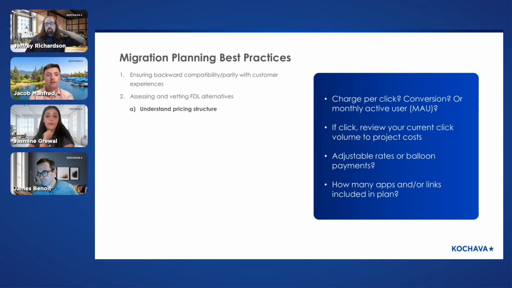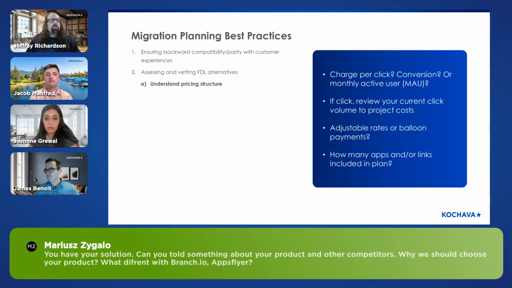And this is a great one, given a question that just came in from Marius in terms of assessing and vetting FDL alternatives. Kochava is listed, as well as a number of other solutions on their support article. I'll share the question here just so you can see it visibly. We'll go through some key talking points that will be the questions you should ask, whether you're looking at us or any of the other providers that Google listed.